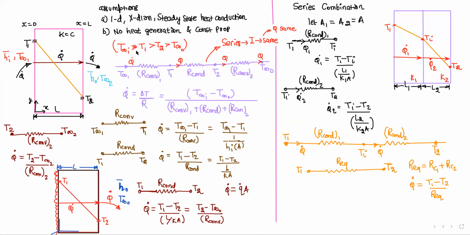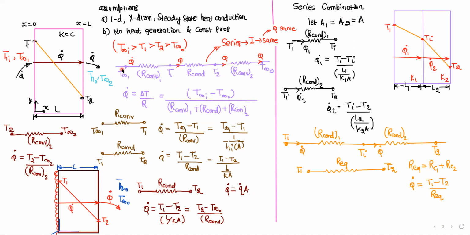T infinity 1 is greater than T1, T2, T infinity 2. So the thermal resistance diagram, since I is same in the series connection, so Q will be same everywhere. So first the thermal convection resistance, then conduction resistance, and again convection resistance.